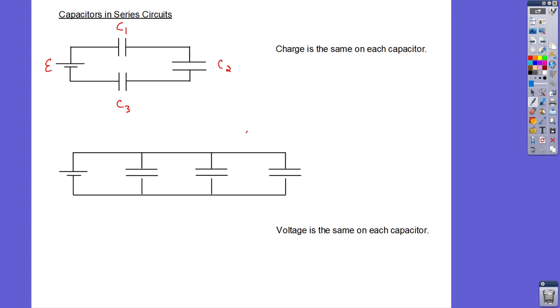So the big thing you want to remember is that the charge is the same on each capacitor. So that means Q1 has to equal Q2, which has to equal Q3. Okay, they are all the same, regardless. And so what that means is if we have different capacitances, that if the charge is all the same but the capacitance is different, that means the voltages can be different.